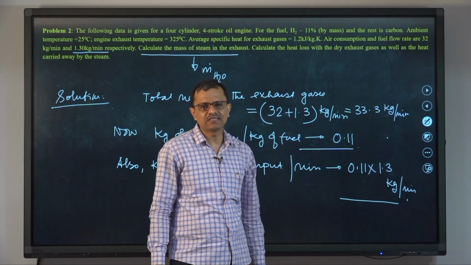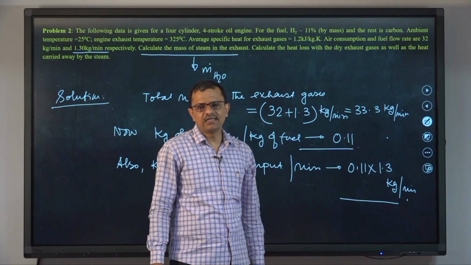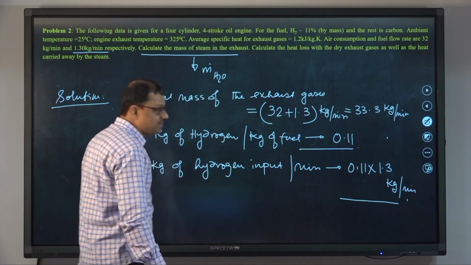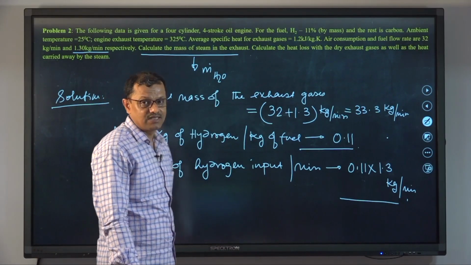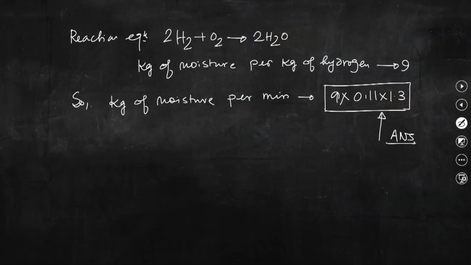Even at atmospheric pressure water boils at 99.99 degrees Celsius. So, certainly at 325 degrees Celsius, even if the pressure is atmospheric, it would be in the superheated state. Okay. So, now next try to calculate mass flow rate of dry exhaust.